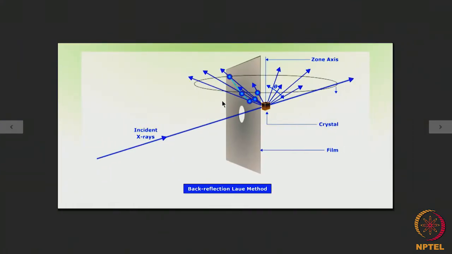On the other hand, when we have the back reflection Laue method, the incident radiation, when it falls on the crystal, then the planes of a particular zone will be reflected backwards, and as a result they will form a hyperbola on the recording film. So, this is the reason why we get ellipses in case of the transmission Laue method and hyperbolas in case of the back reflection Laue method.